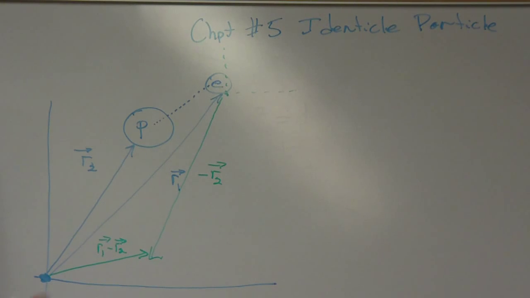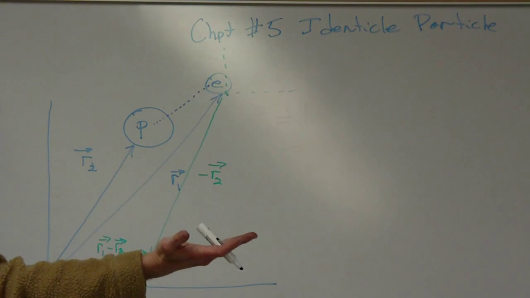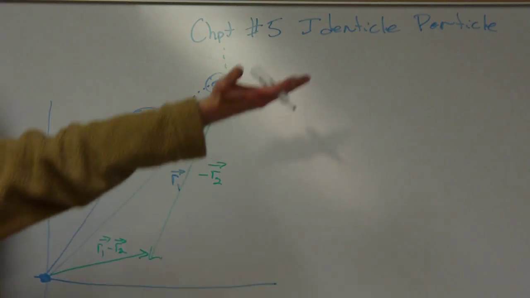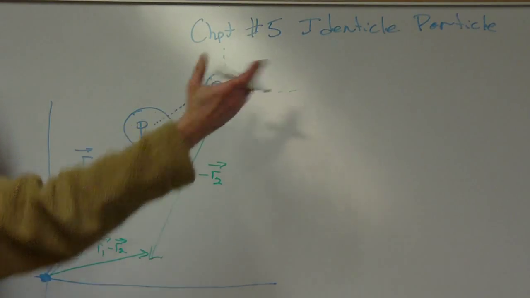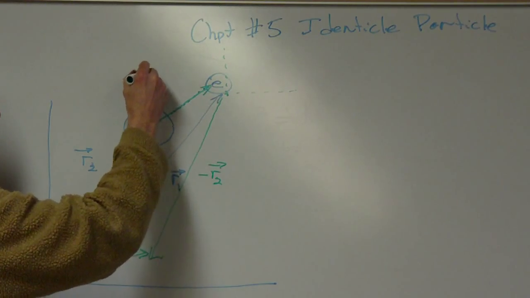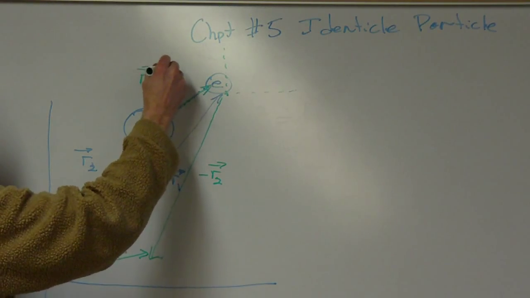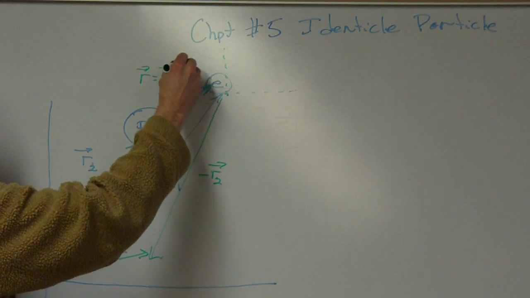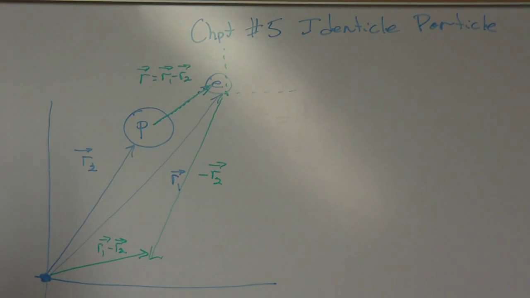And a vector is a vector: this way, the length of my arm is still a vector of that length that way. So that's this vector right here. This is the vector R equals R1 minus R2. It points from 2 to 1.